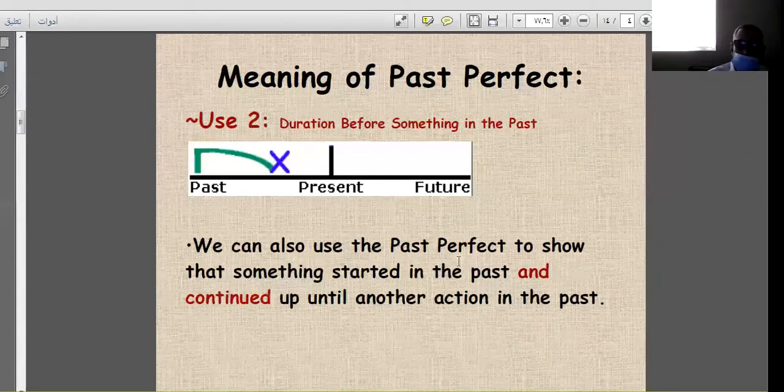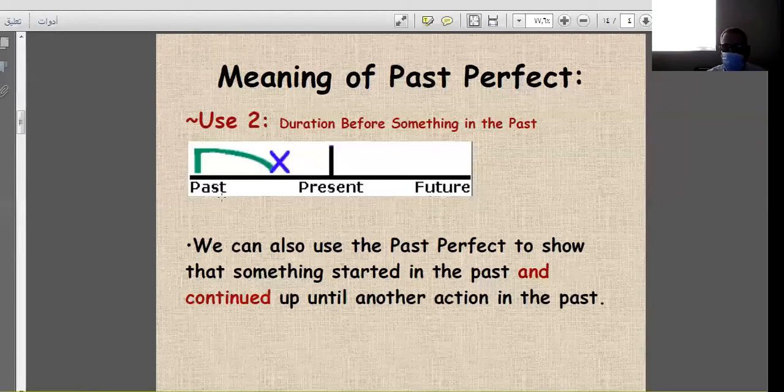We also use the past perfect to show that something started in the past and continued until another action in the past. So we have here the past perfect. Mr. Abu Bakr is our guest for the opposite today. He's going to help us in reading and of course explaining more about the past perfect.